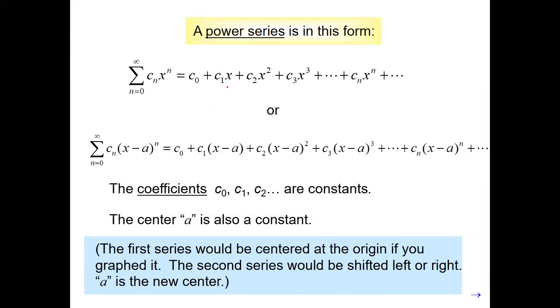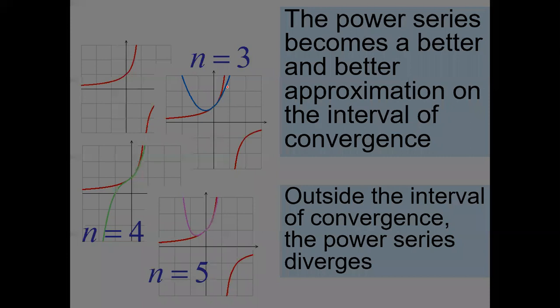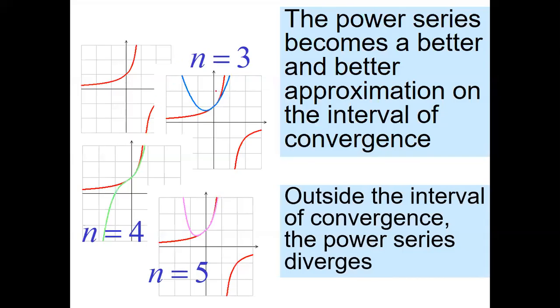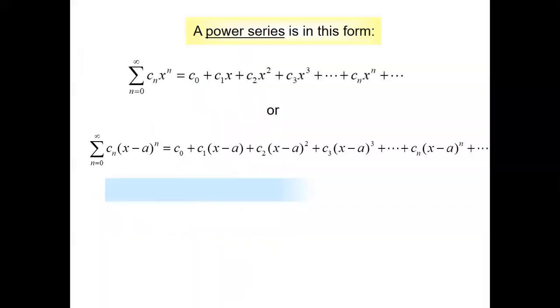And again, I don't know if I've really made this clear, but the reason that we were doing this, I'm going to go back just real quick, is that we might not be able to approximate the red function. Now, in this case, it was 1 over 1 minus x. That's easy to get values on that function. But there are some functions that we don't know, like sine of x is really hard to approximate all its values, e to the x and ln of x and all those transcendental functions. It might be easier to work with a polynomial function that approximates that function to then substitute values in.